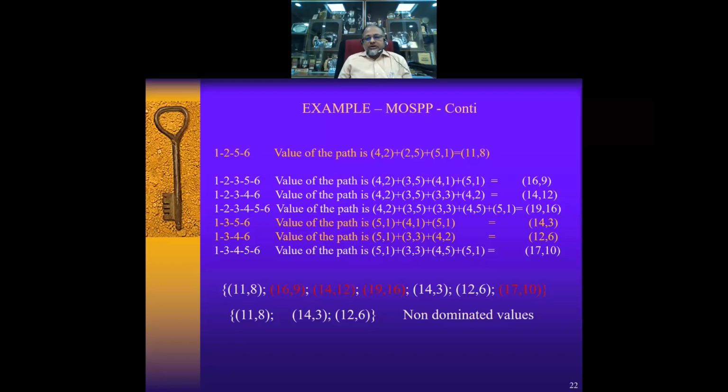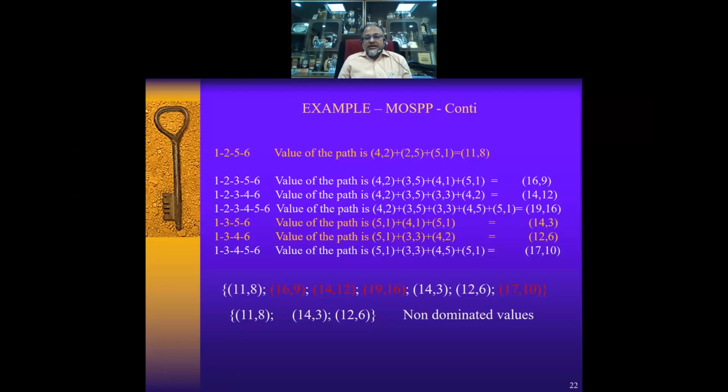In the multiple objective case, normally we won't get a single optimum solution, rather we will get multiple, or we can say non-dominated, solutions. At least we will get two solutions. In a realistic case, we won't find a single optimum solution in a multiple objective optimization problem.